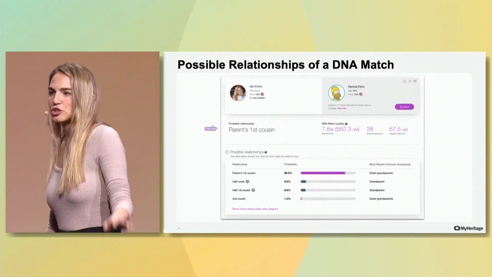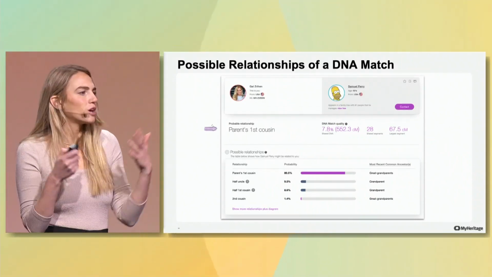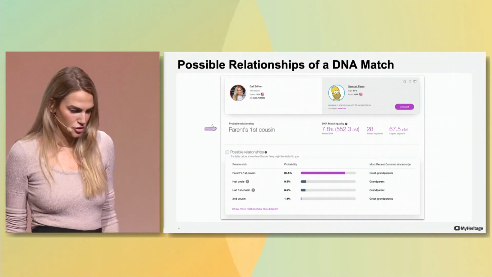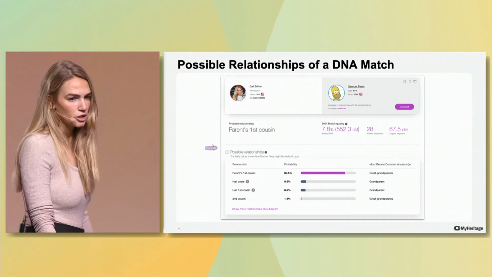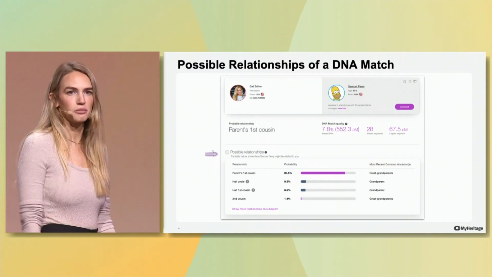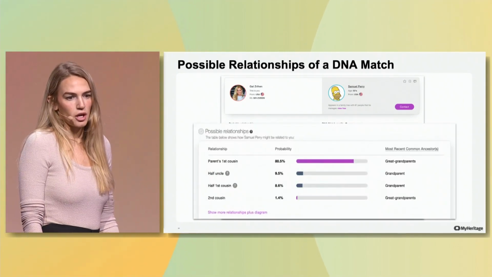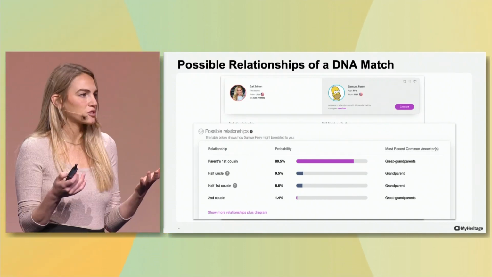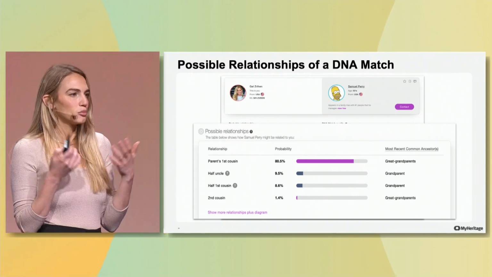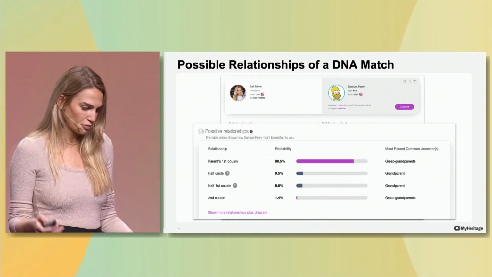So now you go to the review DNA match page, and there's more information there. We'll provide you everything. So you can see the probable relationship on top, and on the bottom, you will see this section, possible relationships. The possible relationships shows you the relationship types that we found that are possible for the DNA match.